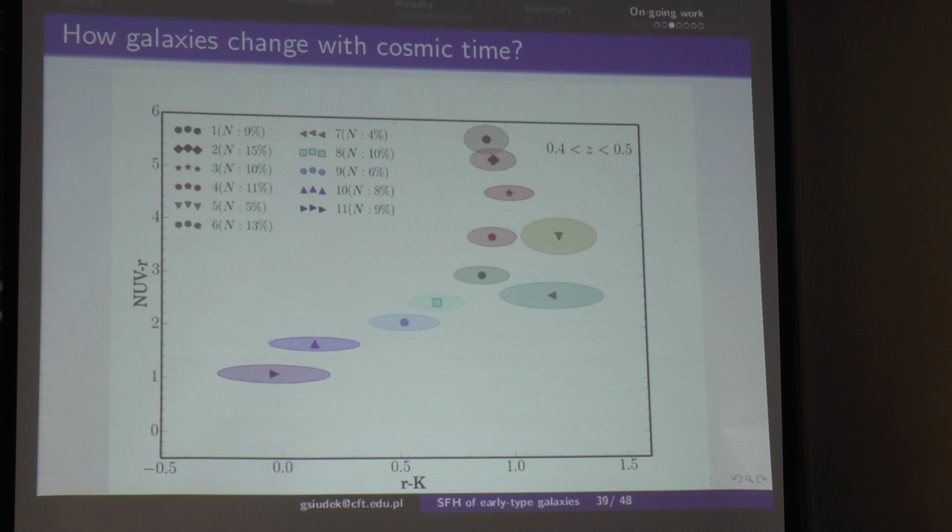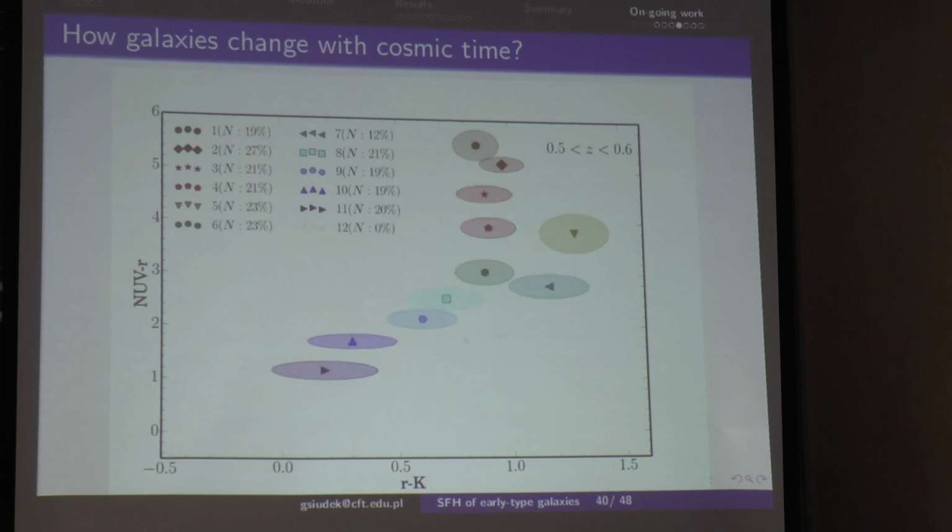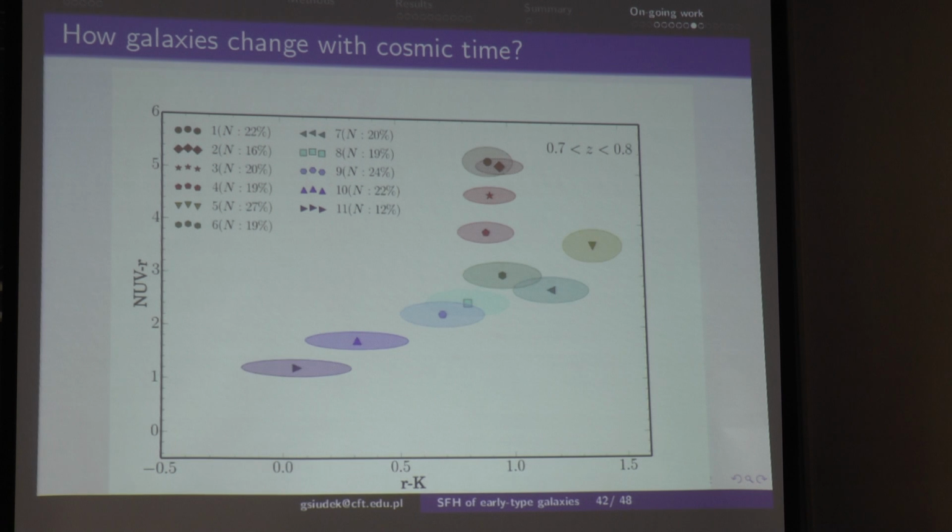So how does this change with cosmic time? Maybe you will guess. This is the color diagram at redshift 0.5, and now we are going back to the past. Do you see any differences? What has changed? Something has changed.